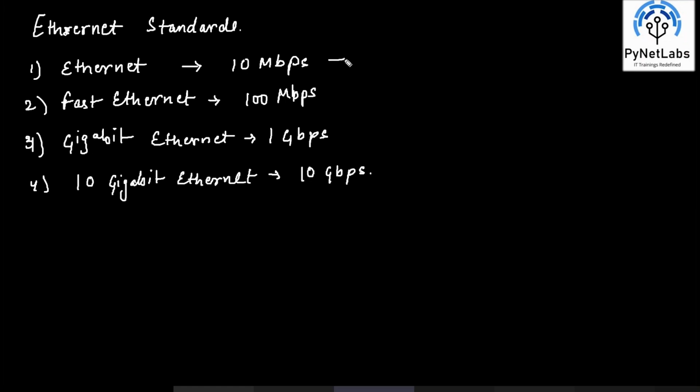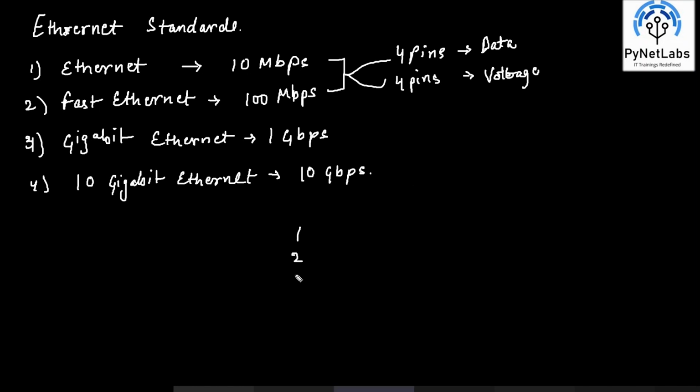Now, if we talk about Ethernet and Fast Ethernet, there are 8 pins, out of which 4 pins are used for data transmission and receiving, and the rest of the 4 pins are used for the management of voltage. Out of the 8 pins, we just discussed 1, 2, 3 and 6. This was the reason why we discussed only these 4 pins and not all of them.